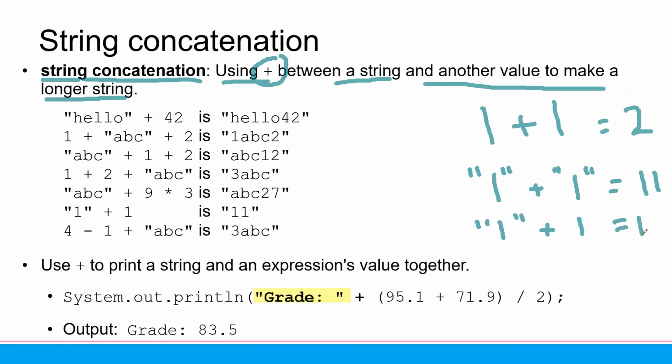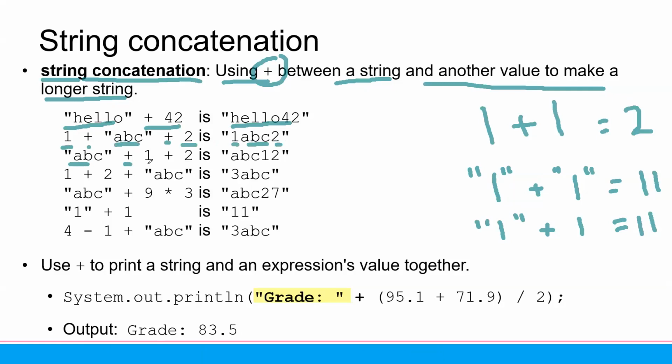The result will be string. Okay, so this kind of thing you need to understand, and I give you this example. Hello plus 42, the result will be hello 42. The result will be string. 1 plus ABC plus 2 becomes 1 ABC 2.